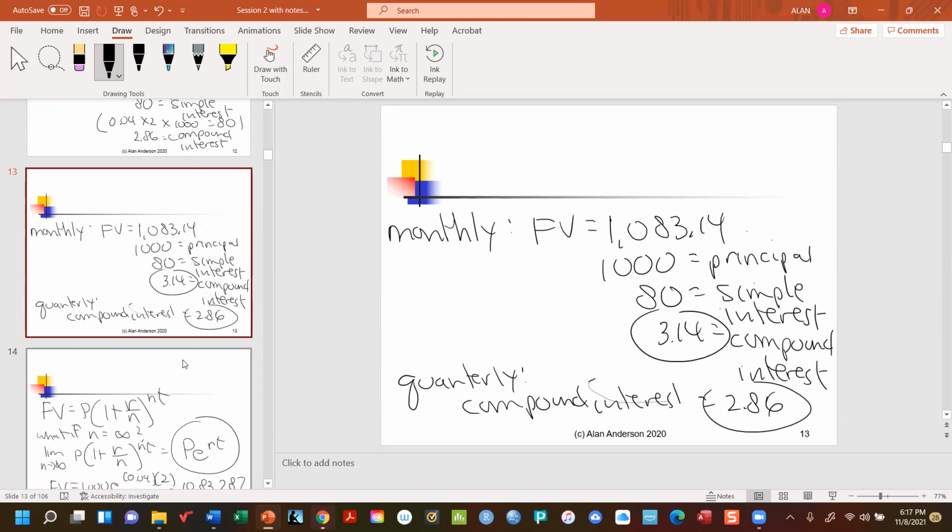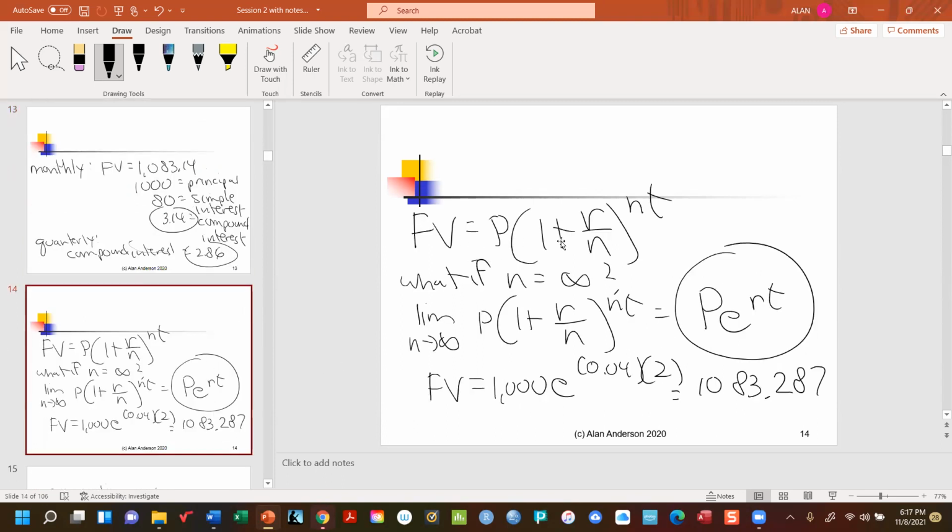And if you've had any calculus, you'll see that what we're going to do is take this expression and we're going to let n approach infinity, meaning an infinite number of compounding periods per year. And that reduces to this formula, P E to the RT. Okay, so in other words, the limit of this formula is P E to the RT.